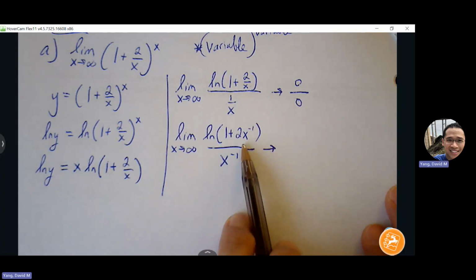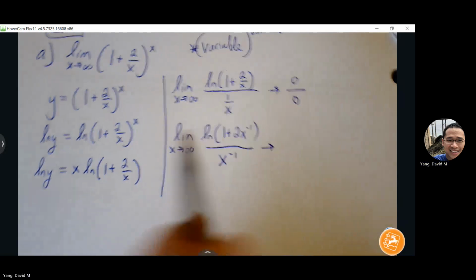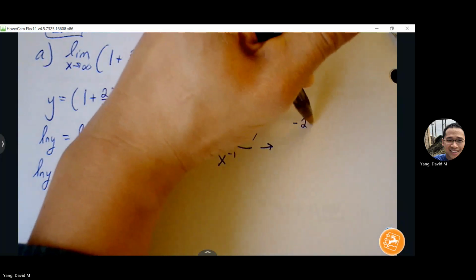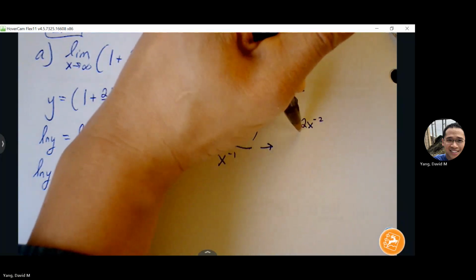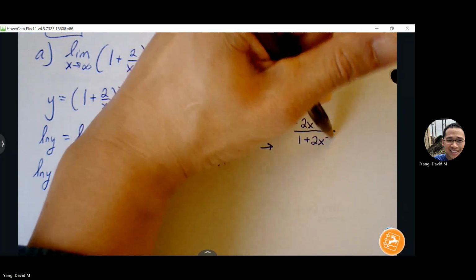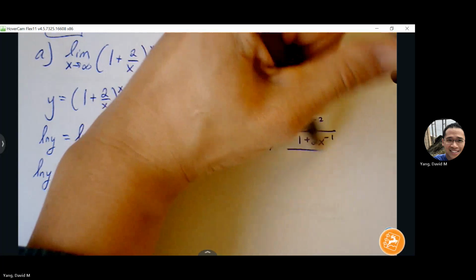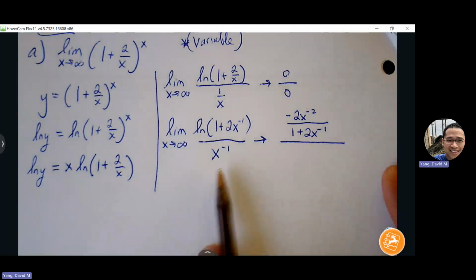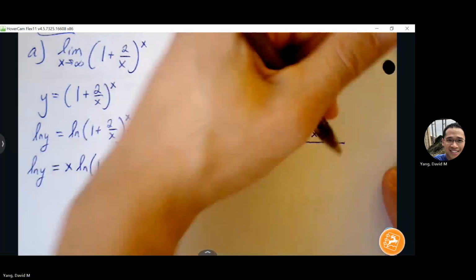So u prime is going to be negative 2x to the negative 2 over this u value. So that takes care of my natural log portion. x to the negative 1 is power rule.